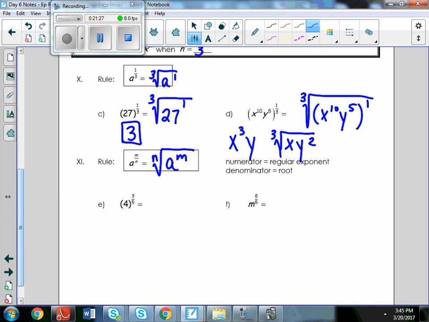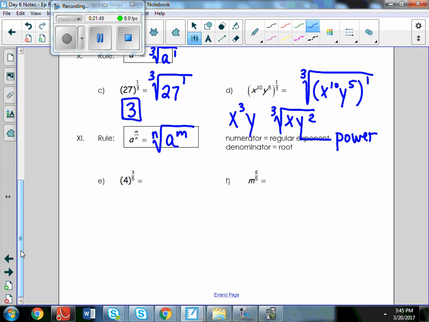And so she has over here numerator equals regular exponent. I think power and exponent mean the same thing to you guys. Power's on top. It's an easy way to remember it. Root's on the bottom. Okay, because that's really all you need to know. Power's on top, root's on the bottom.